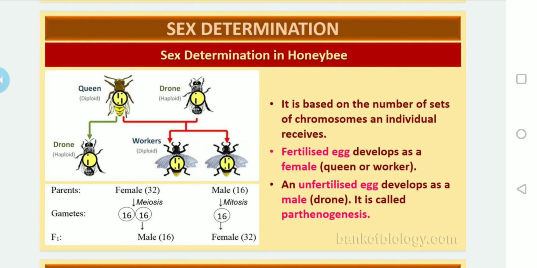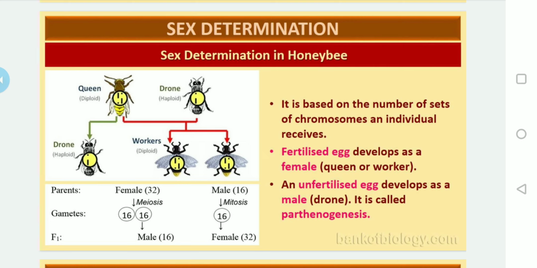And remember, it is based on the number of sets of chromosomes an individual receives. The fertilized egg develops as a female, and then there is a possibility that it becomes either a queen or a worker, and there is another possibility: an unfertilized egg develops as a male drone.